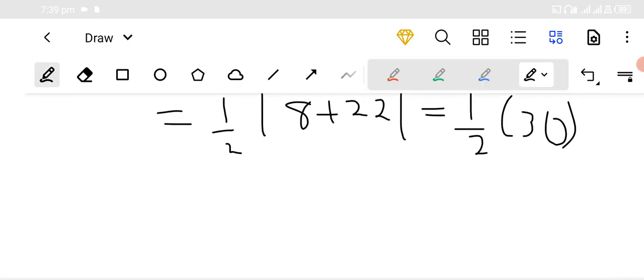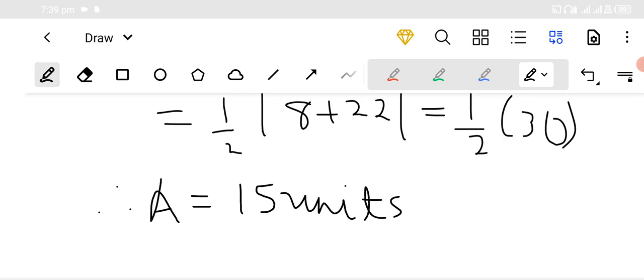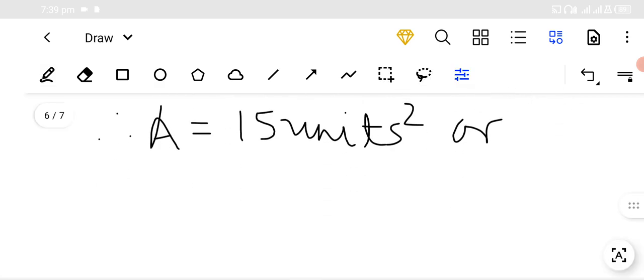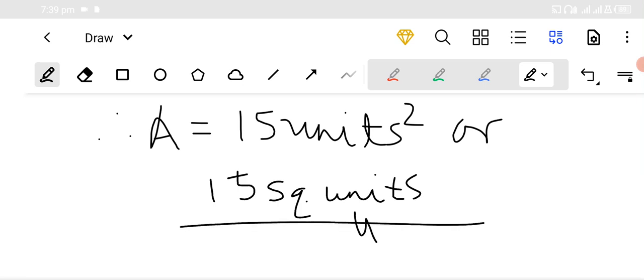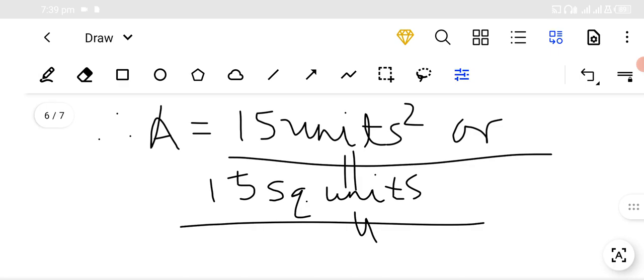And then you would conclude that area is equal to 15 units squared. Other people like to write 15 square units. You can abbreviate the word square, sq. Same thing, just a different way of writing.